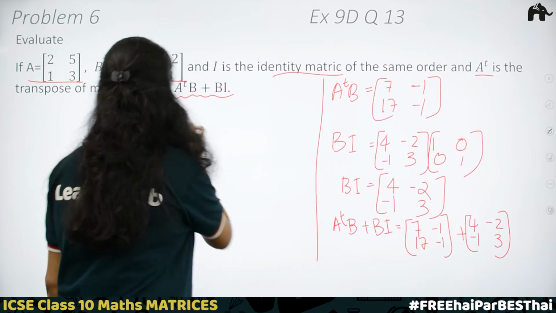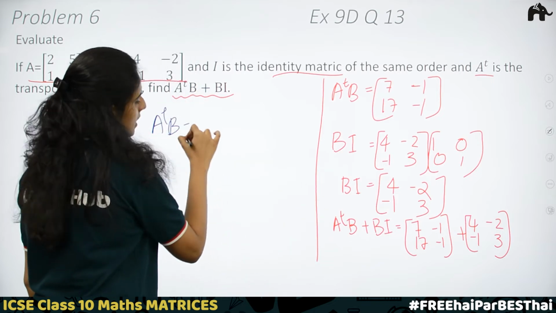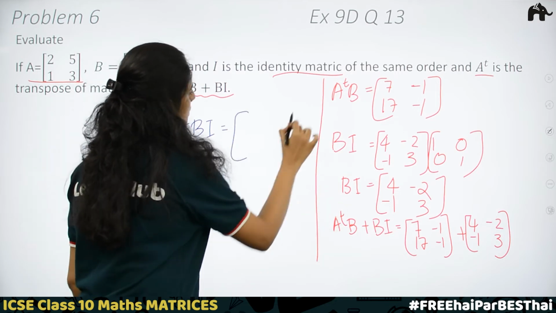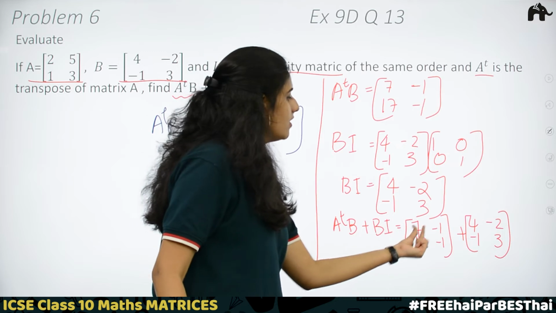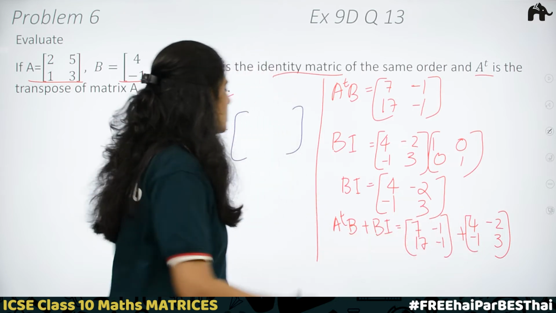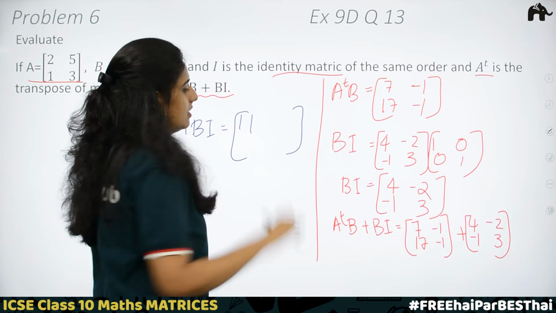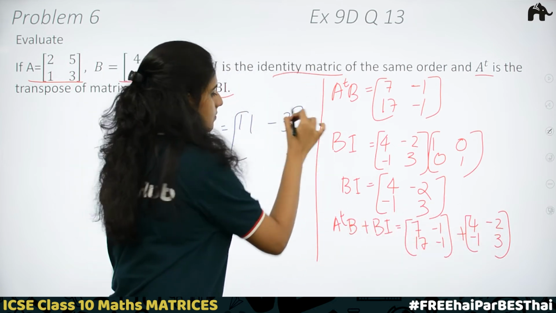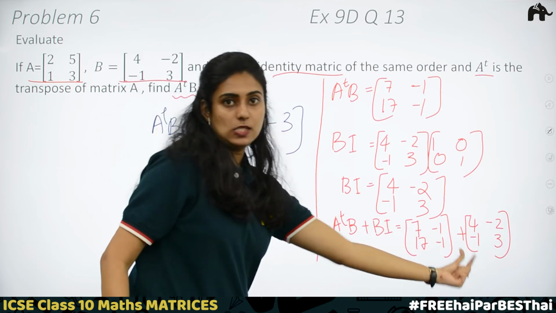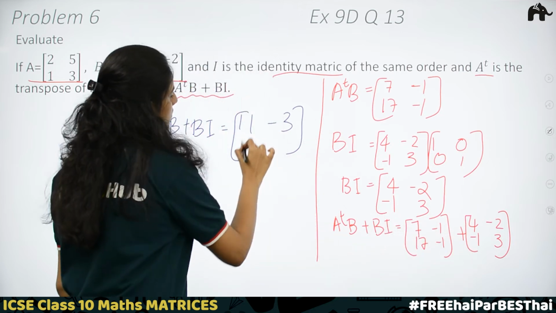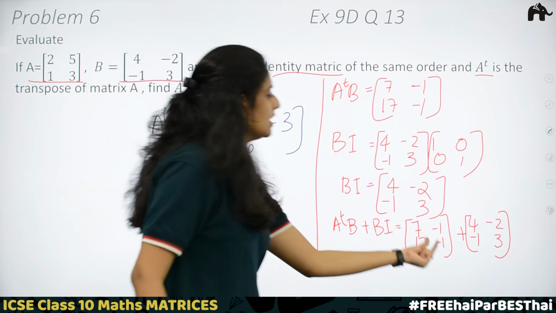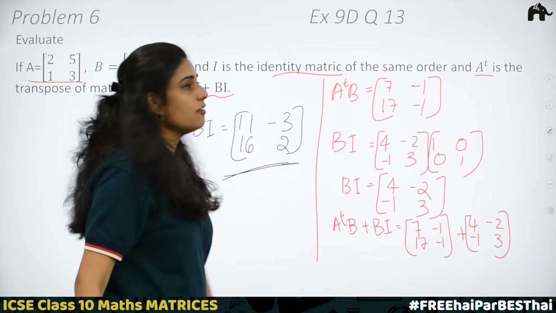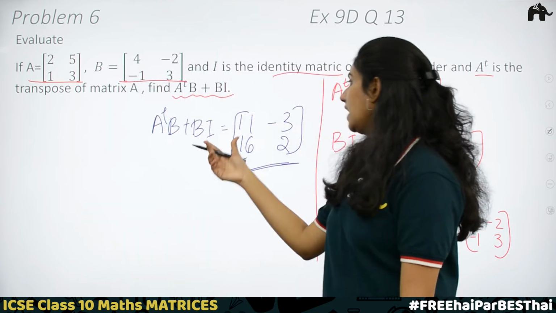Adding the elements, we will be getting a 2 by 2 matrix. 7 plus 4 is 11. Second, minus 1 minus 2 is minus 3. Then 17 plus minus 1, that is 17 minus 1, which is 16. Minus 1 plus 3 is 2. So, these are the elements of A transpose B plus BI.